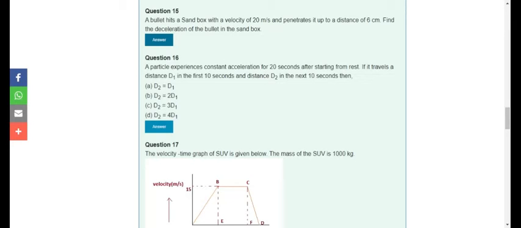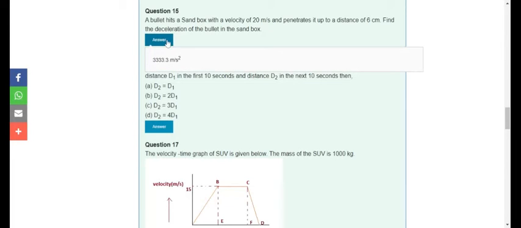Here the distance is 6, the initial velocity is 20, and obviously if it hits the sandbox, it will finally come to rest. So the final velocity would be 0. We can use the formula v squared equal to u squared plus 2as to calculate the acceleration. The acceleration will come out negative, so you will get the deceleration. Once you calculate it, the answer is going to be 3333.3 meters per second squared.